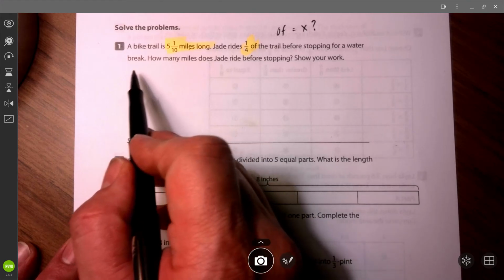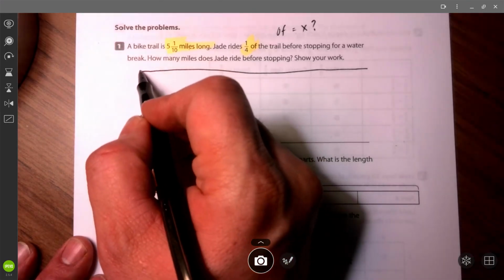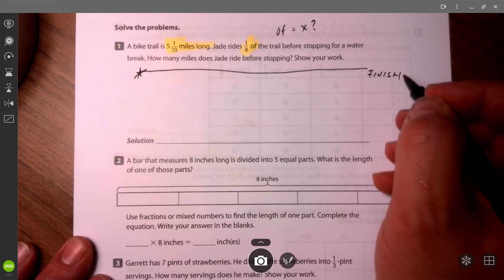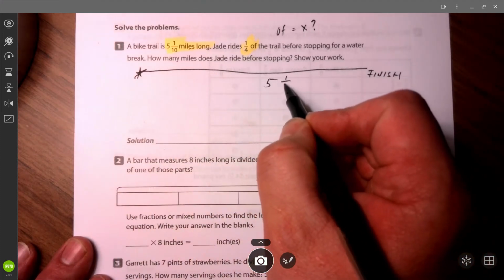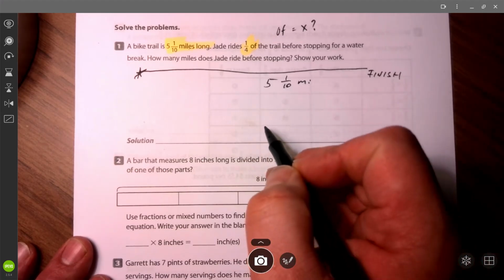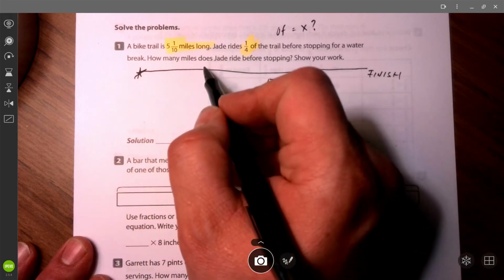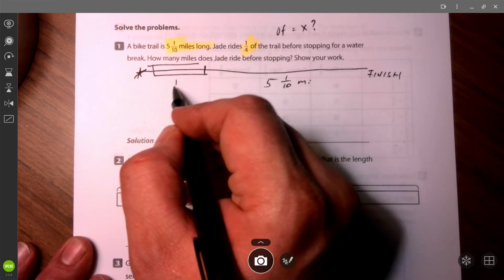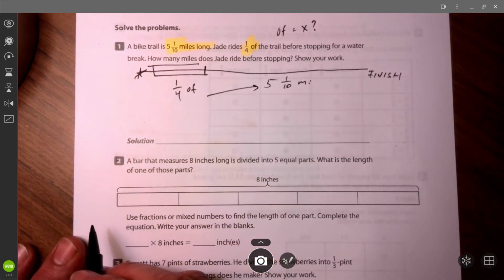This is not how I'm going to solve it, but this is kind of the picture of what's going on. This is start, here's finish. This trail is 5 1/10 miles long, and Jade rides 1/4 of this trail before stopping.